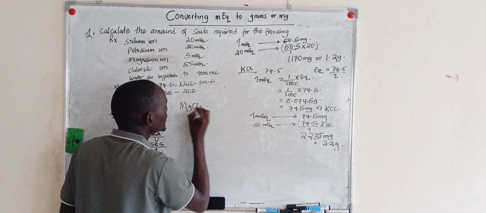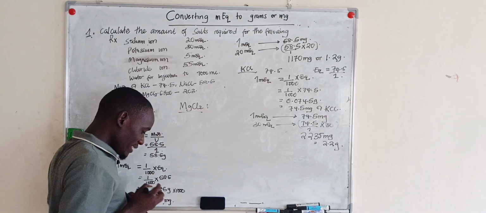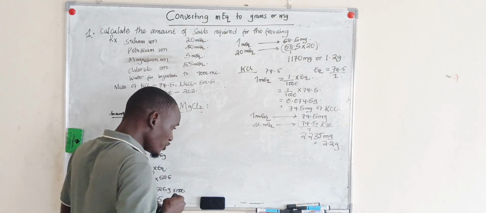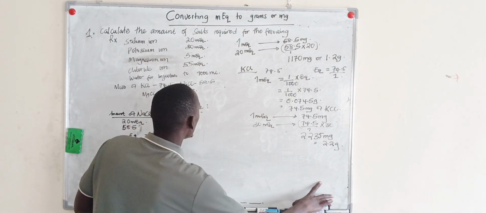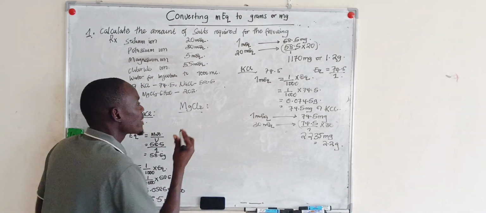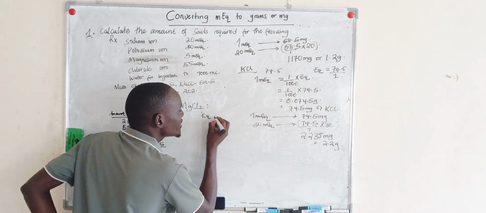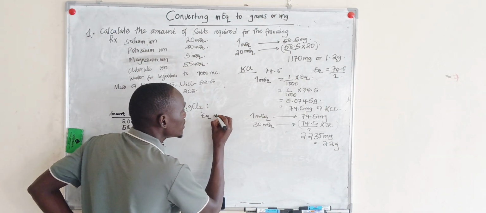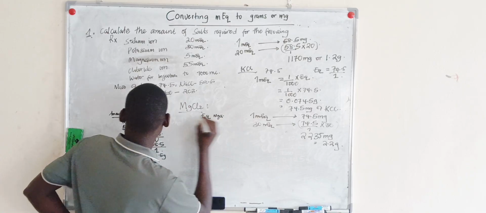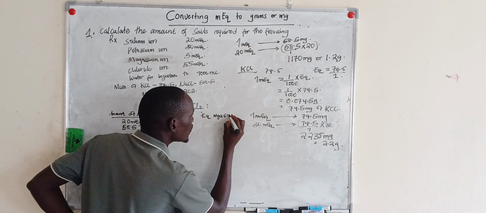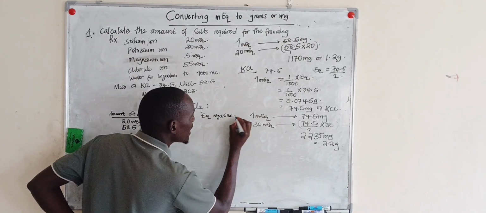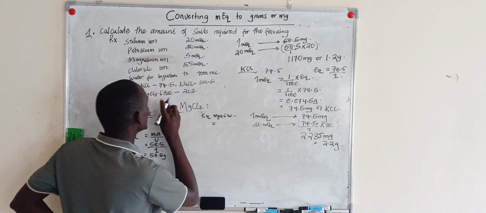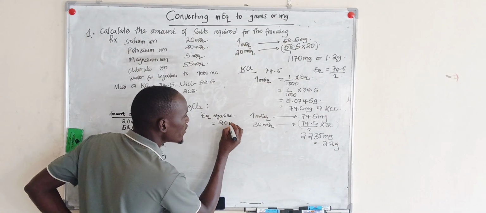How about now the magnesium chloride? We know the equivalent weight of magnesium chloride, with those 6 waters of crystallization they have already given us, is equal to the molecular weight, which is 203.